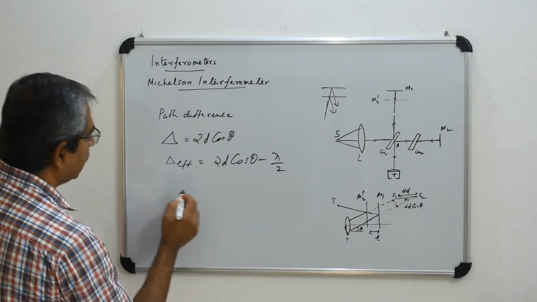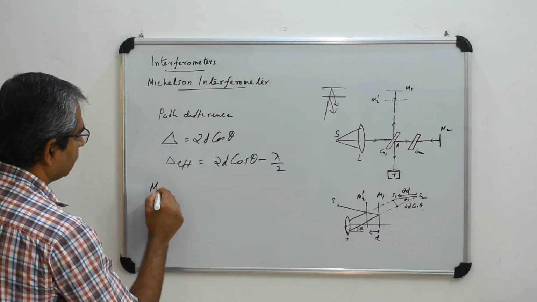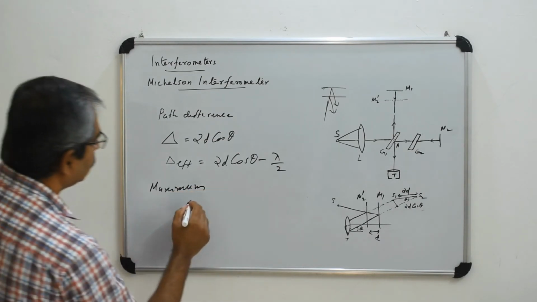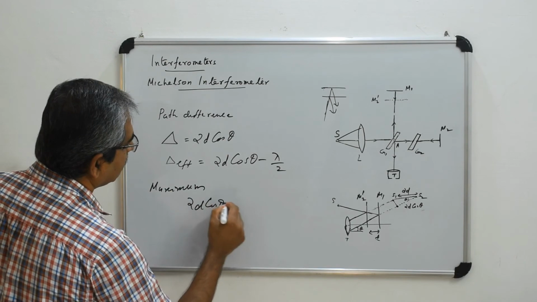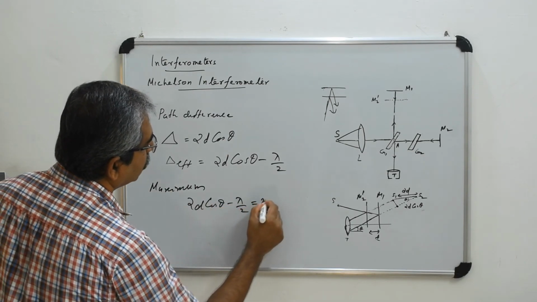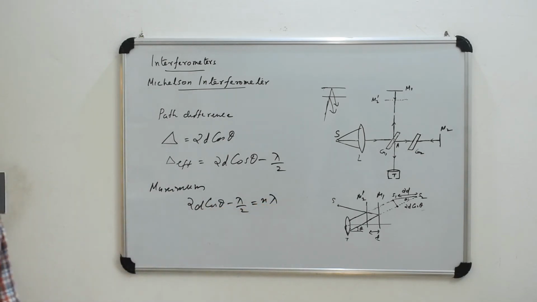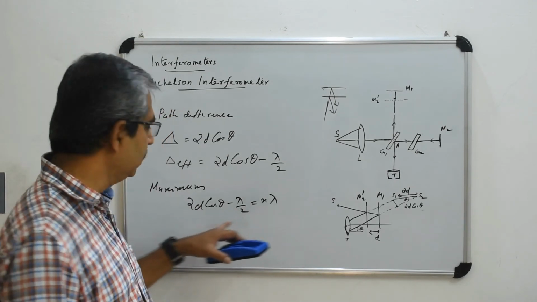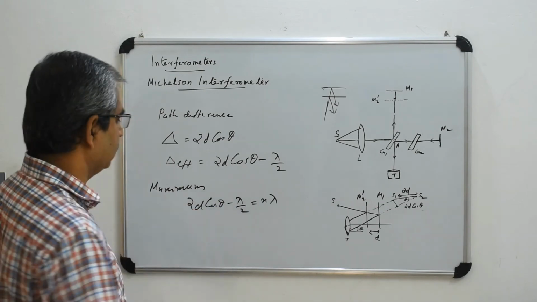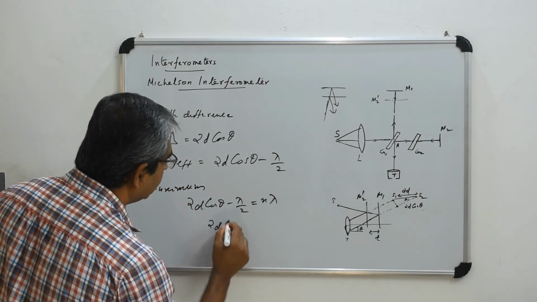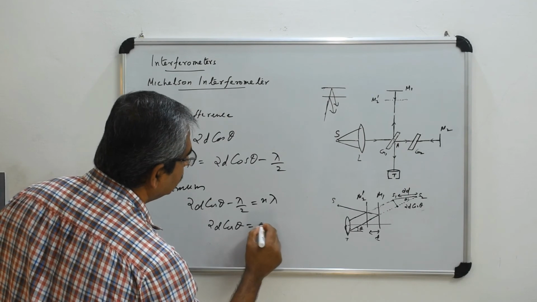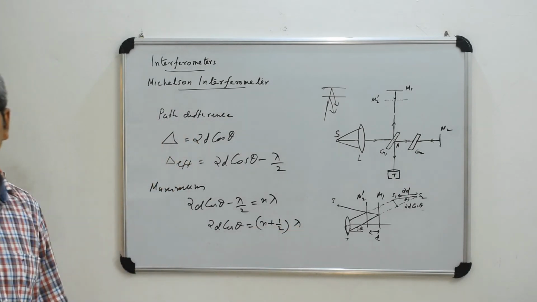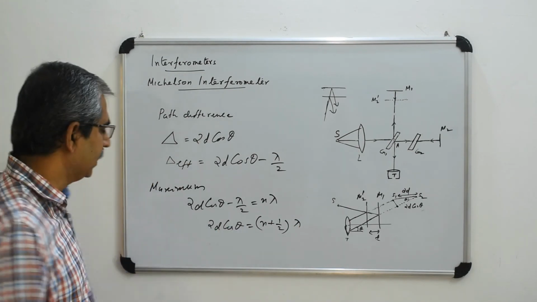Now the condition for maximum. What is the condition for maximum? 2d cos theta minus lambda by 2 should be equal to an integral multiple of lambda. This is the condition for interference maximum. Or you can write it as 2d cos theta equal to (n plus half) lambda. Now what is the condition for minimum?